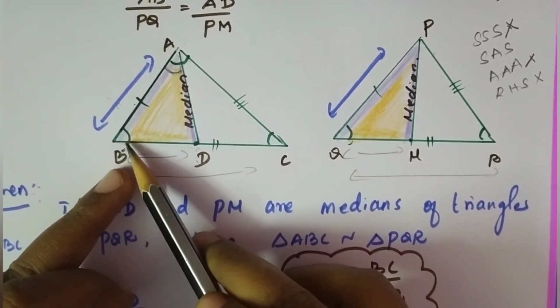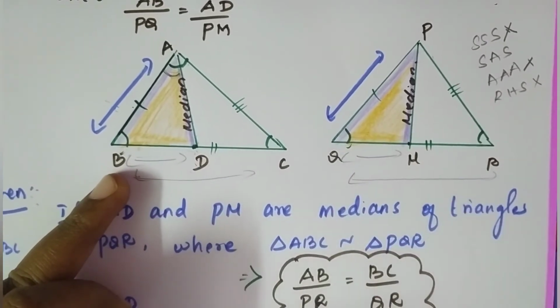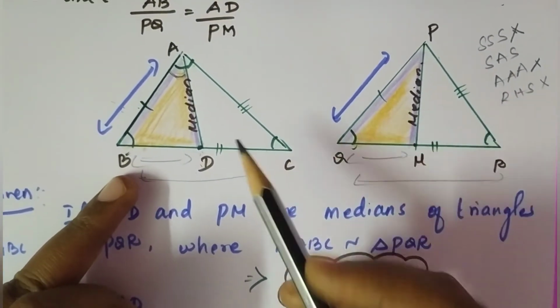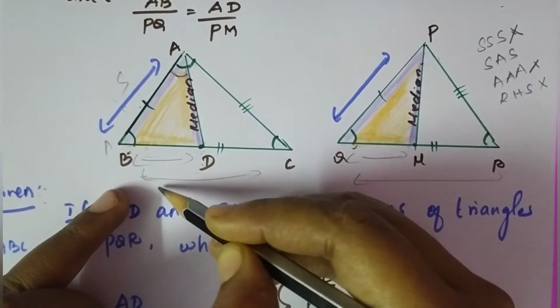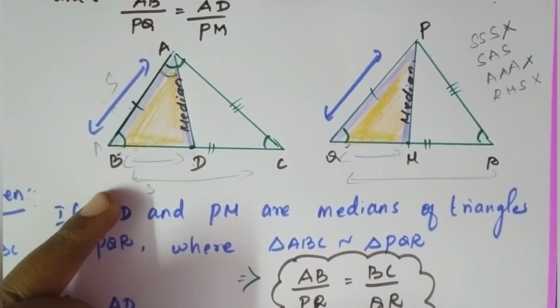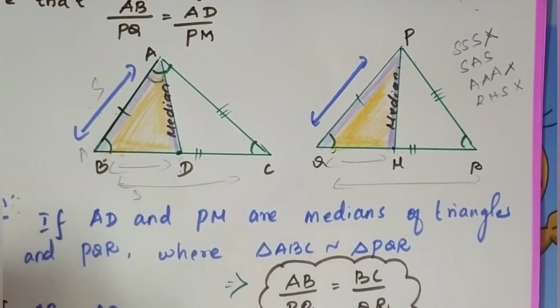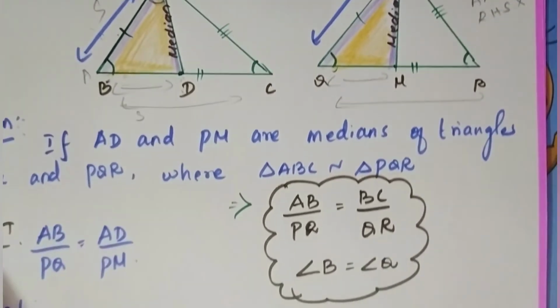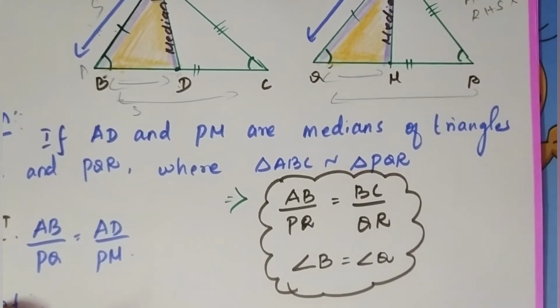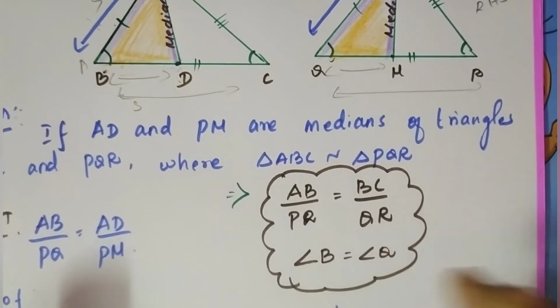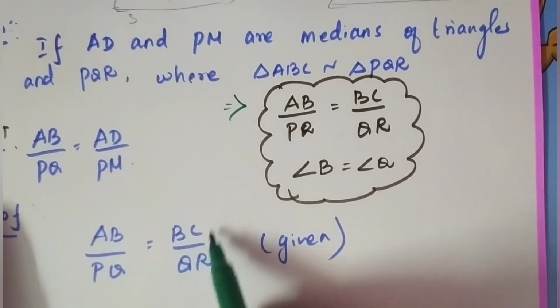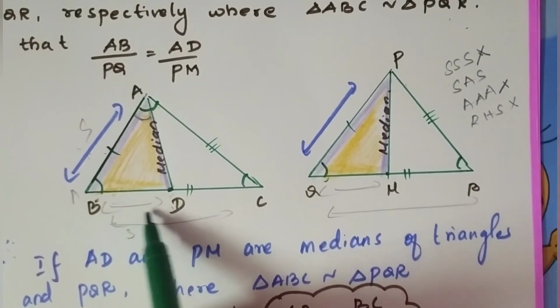And from the given we know that angle B is equal to angle Q. So by SAS criteria we can prove these triangles are similar. Clear?